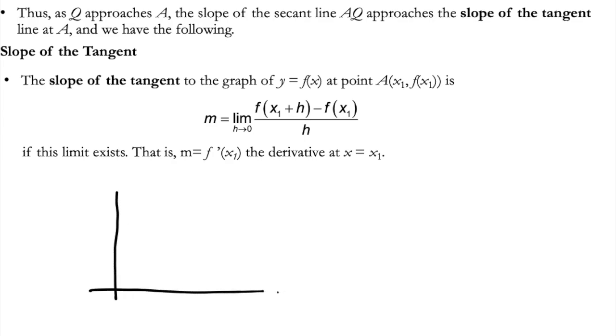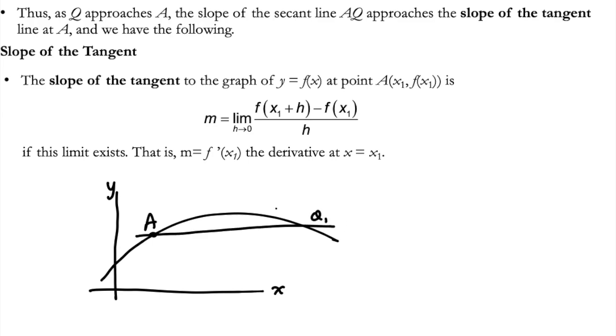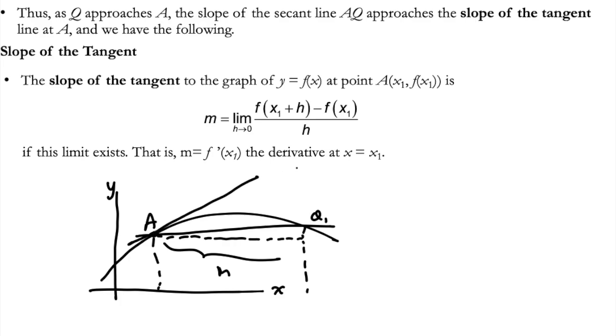So if you have x here, y here, and then you have this, and then you have point A, and then you have the first secant line, Q1. So the distance is the first H. And then let's say this is a tangent line, Q3 for instance.